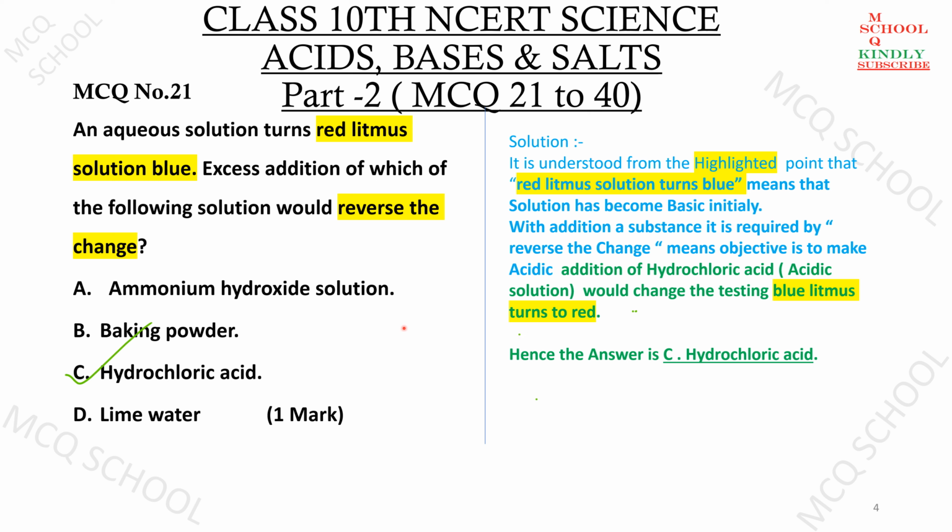So for this, some acid has to be added. Out of all of these, only hydrochloric acid is the acid, the rest of the three are bases. So hence the answer is C, hydrochloric acid.